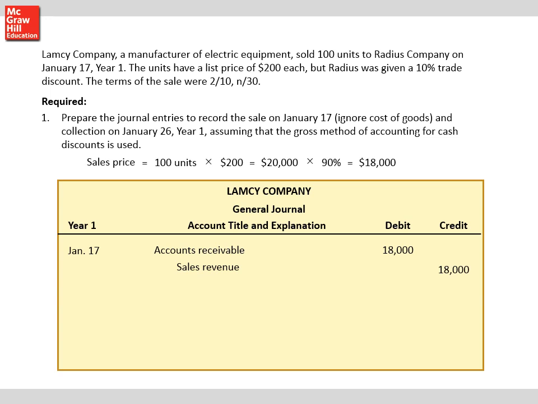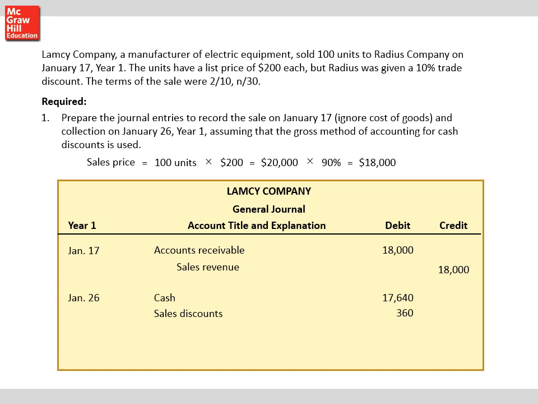Now on the 26th, when Lamsey receives their payment and they receive it within 10 days, the customer is going to take a discount. Cash will be debited for $17,640. How do we get that? Well, the customer is taking a 2% of $18,000 discount, or $360.